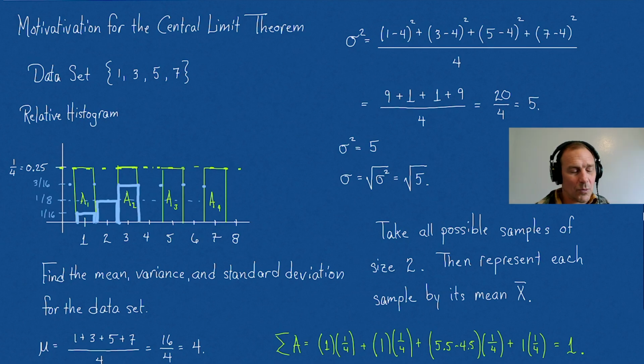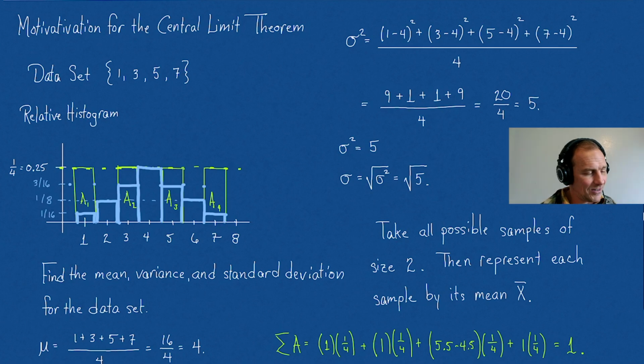Our boundaries are still 1 unit wide. And 4, that occurred four times, or 4 out of 16. And then our 5s, there's 3 of those, so it has a frequency of 3/16. The 6s occurred twice, so 2 out of 16. And finally, the 7s occurred only once, so 1/16.